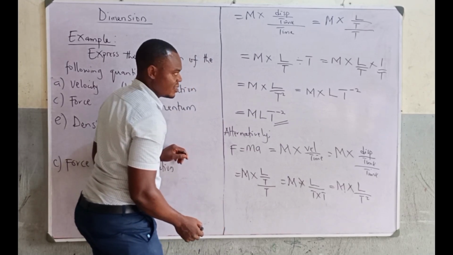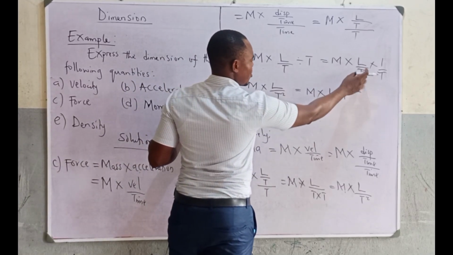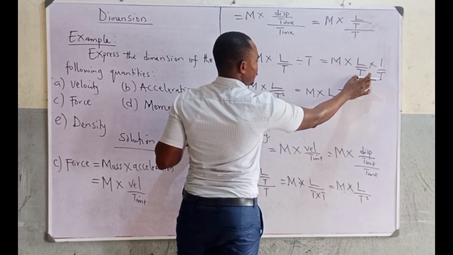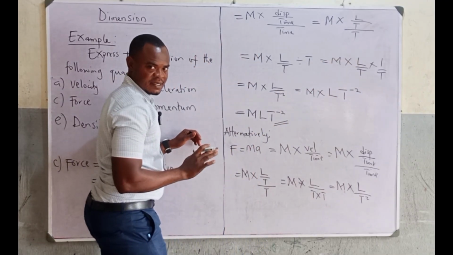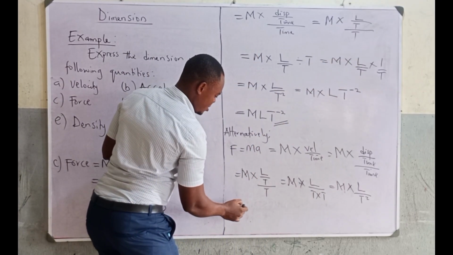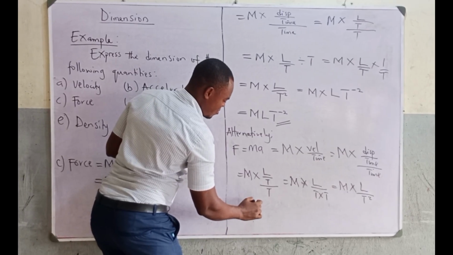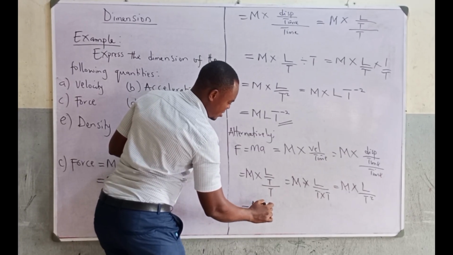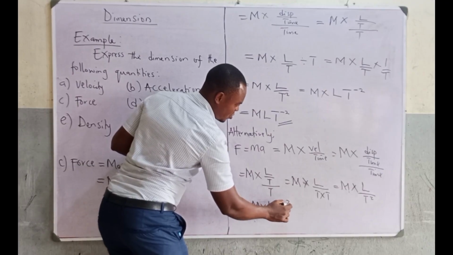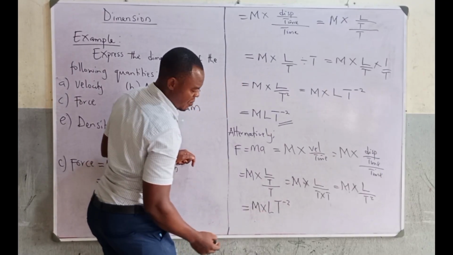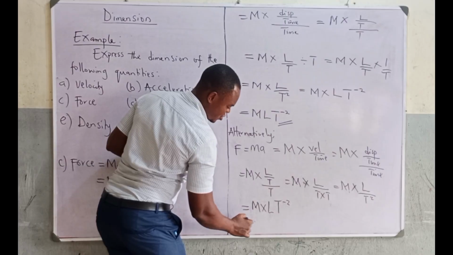Have you seen it? So from here, we can just say T times T. You get it? That's what I will be doing. From here, we have M times L. T will come up, T minus 2, because it's down, coming up. The power is 2. So you remove the multiplication sign.